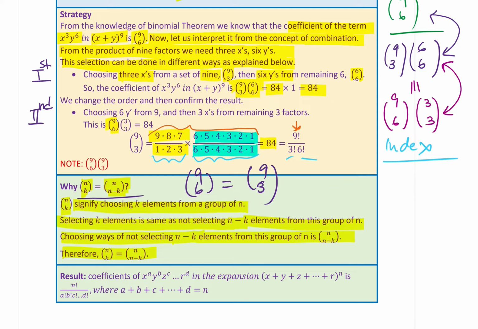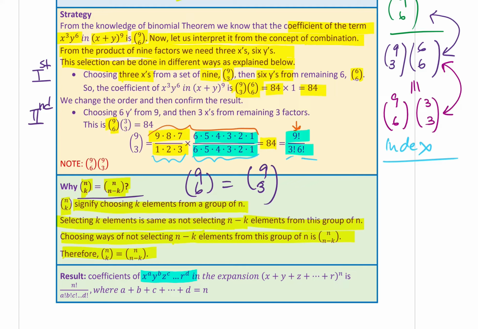Now, one more concept which I was telling you, we wrote in this particular form that makes things very simple for us. If I have a complicated case, let us say, now the question is the coefficient of x to the power of a, y to the power of b, z to the power of c, and so on, r to the power of d, in the expansion of x plus y plus z plus so on till r, to the power of n, is what?